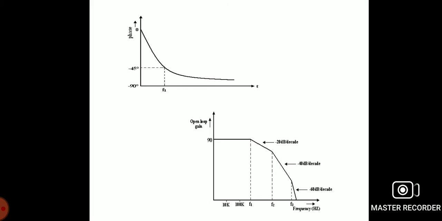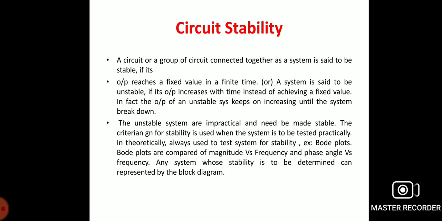Now we can move to circuit stability. A circuit or a group of circuits connected together as a system is said to be stable if the output reaches a fixed value in finite time.